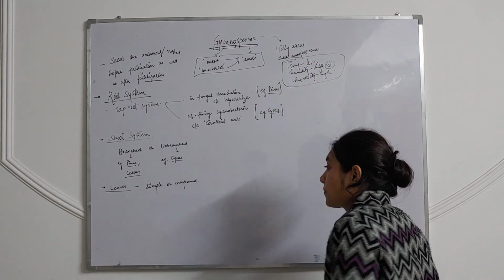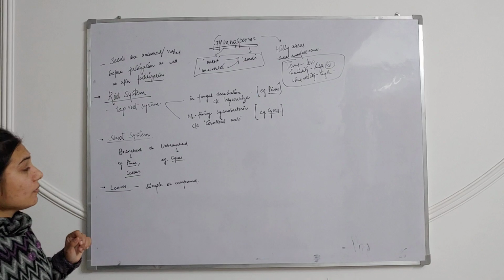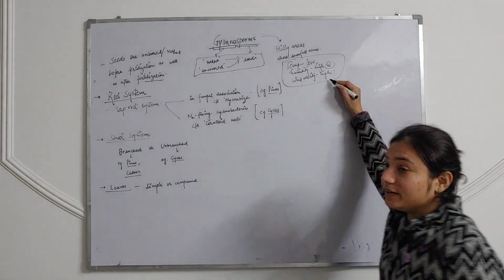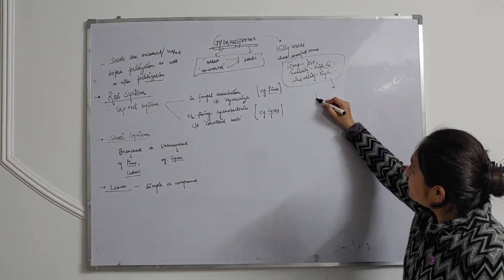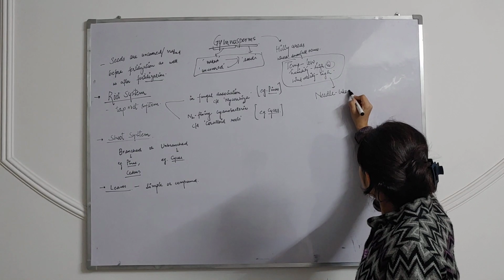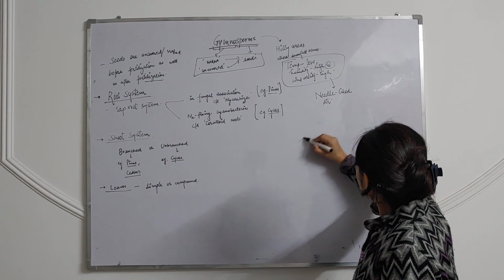So leaves are modified into a needle-like structure, like this.